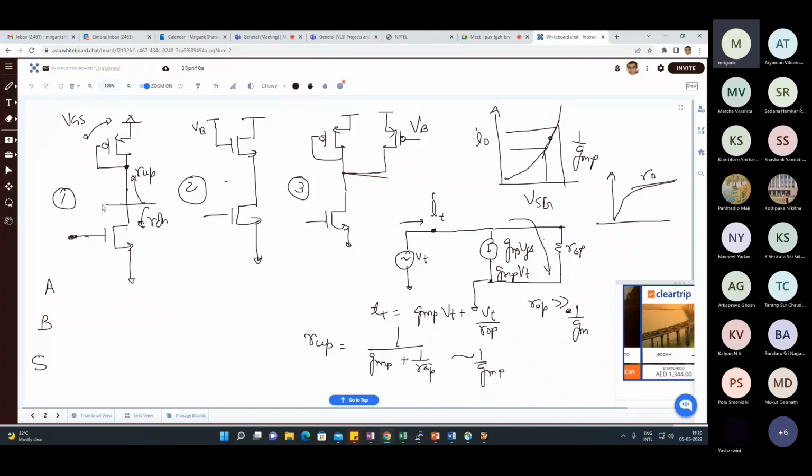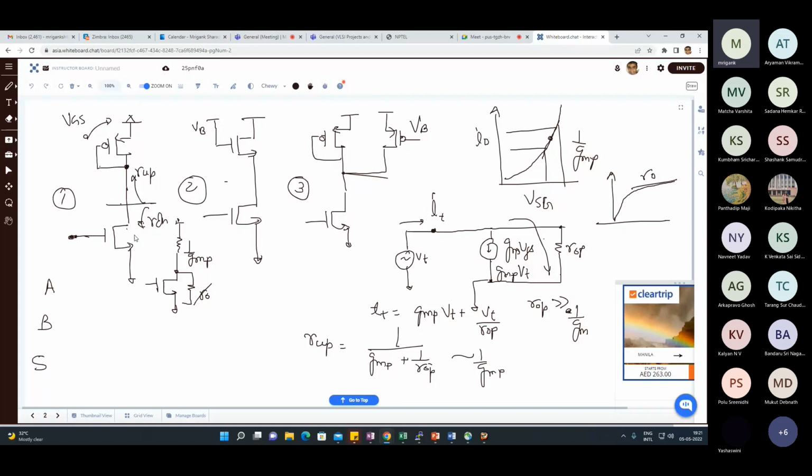And in that case, we simply have GMP for the upper transistor. So I can replace this whole thing simply by 1 upon GMP, and then we are left with the lower transistor. The lower transistor has also got its RO. We can ignore that also with the same logic. Of course, for the upper transistor it is easy to justify ignoring it, because for the same transistor RO will be much higher than 1 upon GM.